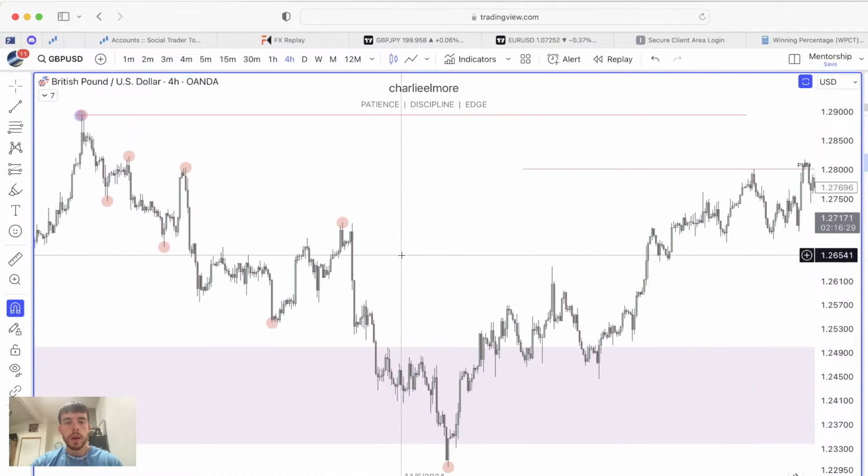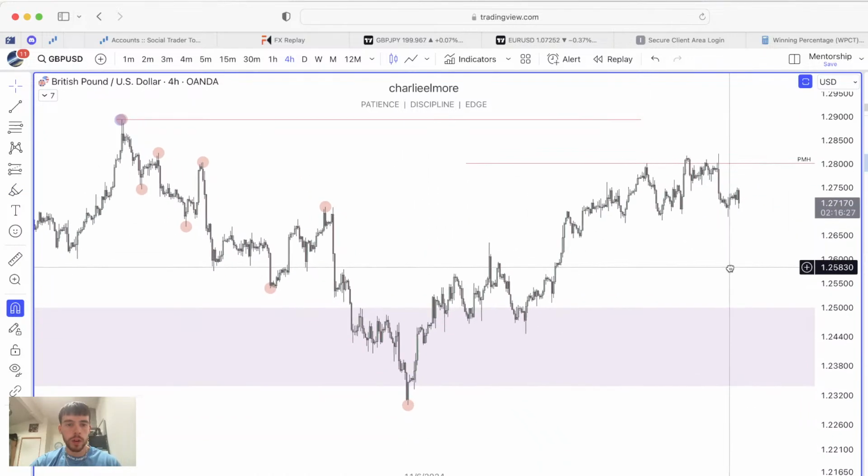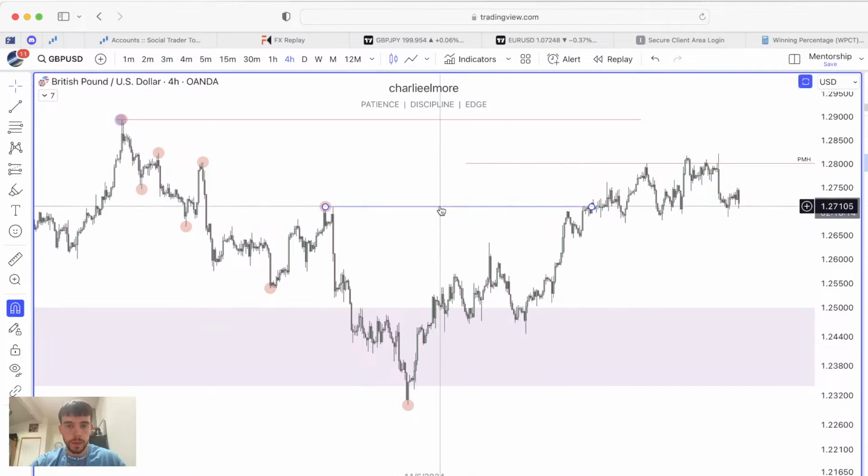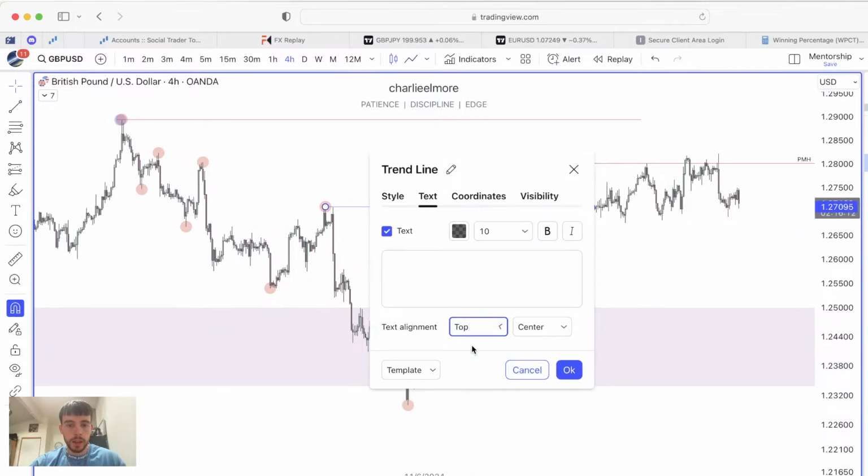With this structure, what price has done is it's broken that, because that's the low. Therefore, that would have been the last structure point, so to speak. So what we can do is mark this on. And this is our 4 hour break.